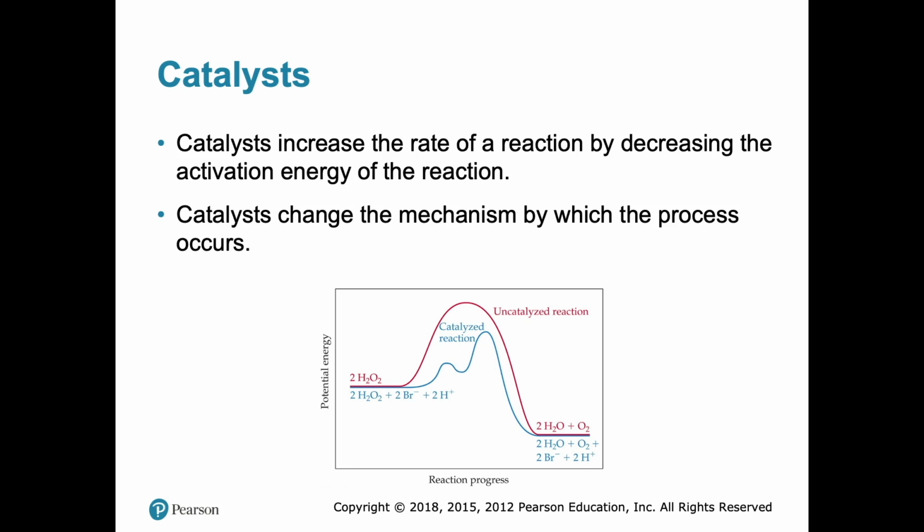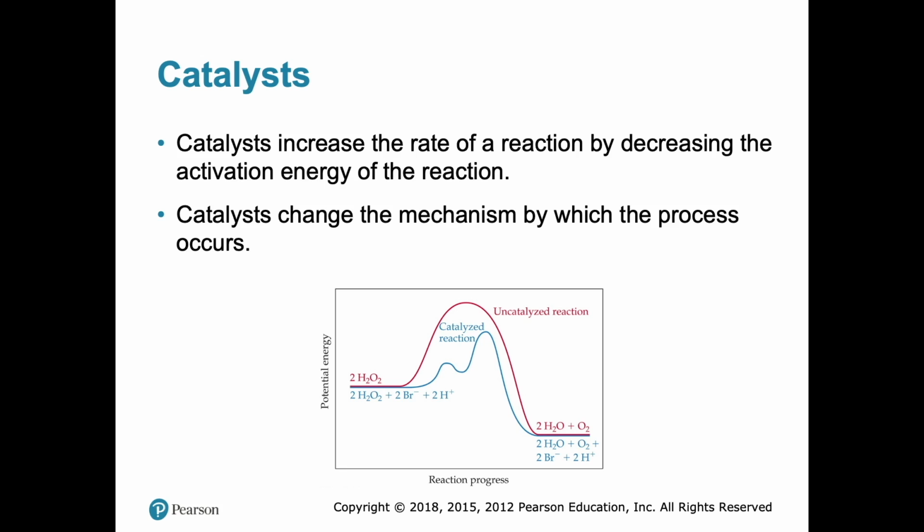So, if you look right here, you can see that there's a Br right there, a bromine, and the bromine doesn't really do anything but act as a catalyst, because you get two Br minuses in and you get two Br minuses out. But then the reactants change. You had two hydrogen peroxides and some protons, but now you have two waters and two oxygens.